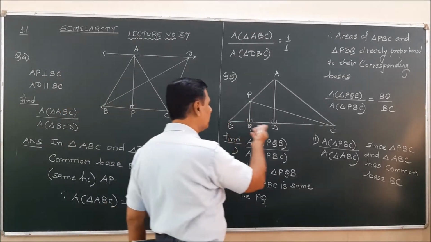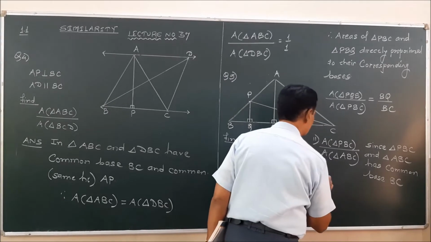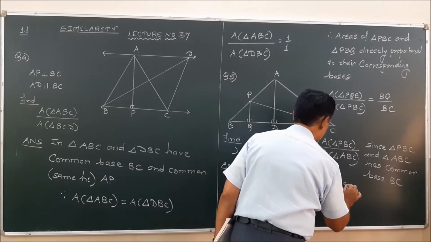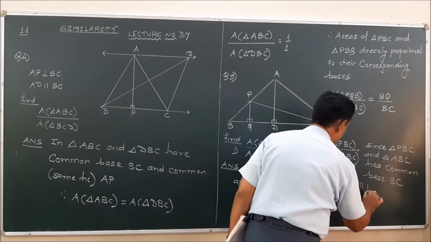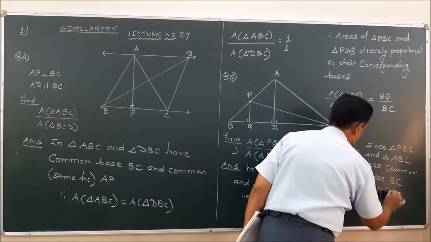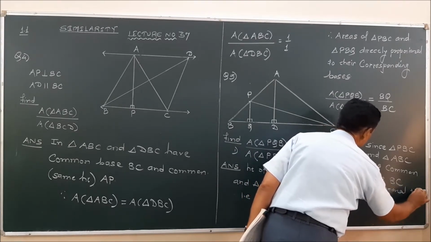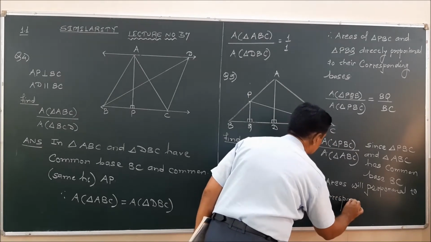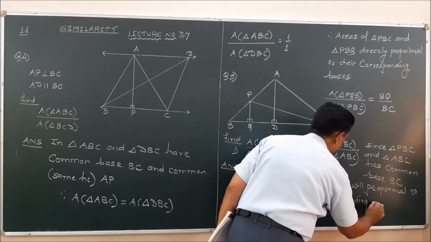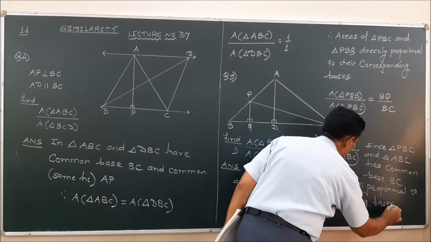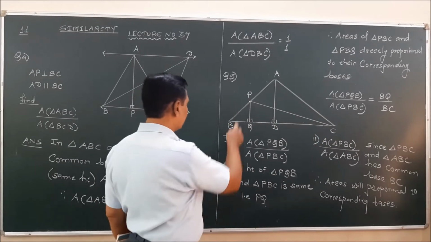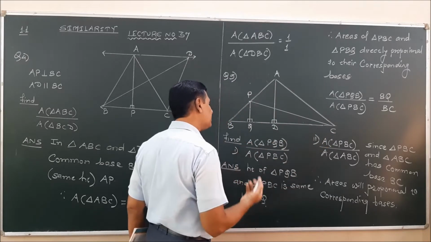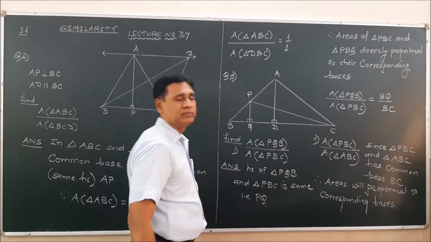Now, as PBC and ABC have a common base BC, therefore areas will be proportional to corresponding heights. Very important. Base is BC, which is common.